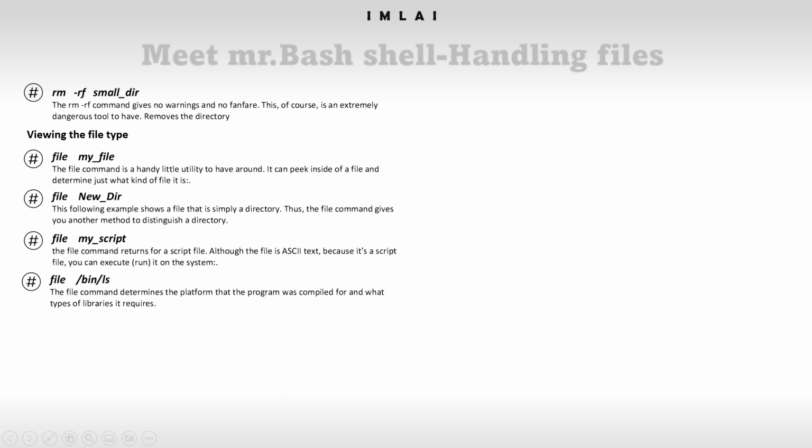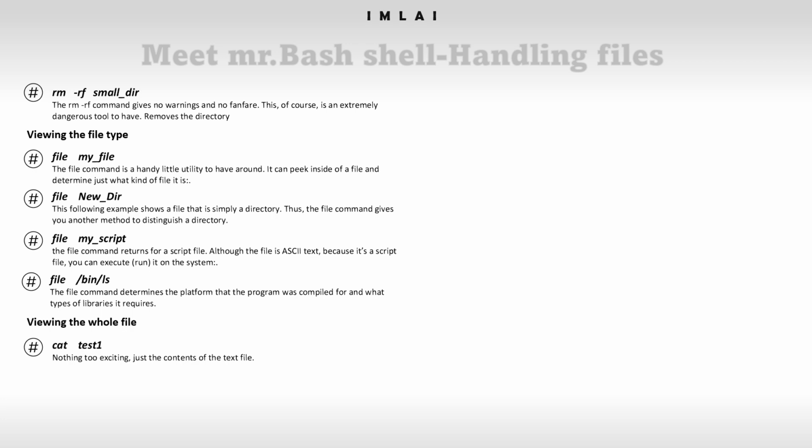Then what we have for us is viewing the contents of the file. If you have a large text file on your hands, you may want to be able to see what's inside of it.